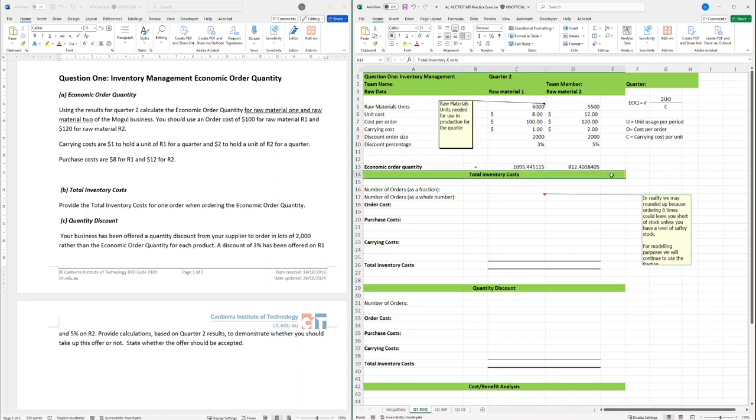And then next, we need to calculate the total inventory cost. So this we'll need to think about. If our raw material needed is 6,000 units, and each economic order quantity is 1,000, so the number of orders would have been 6,000 divided by 1095.